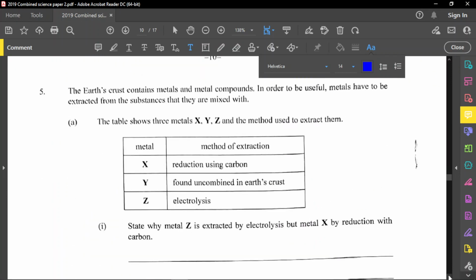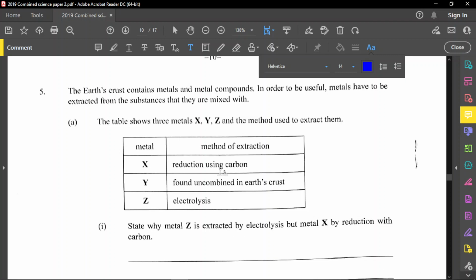For question number 5 now, it says the Earth's crust contains metals and metal compounds. In order to be useful, metals have to be extracted from the substances that they are mixed with. The table shows three metals, X, Y, and Z, and the method used to extract them.